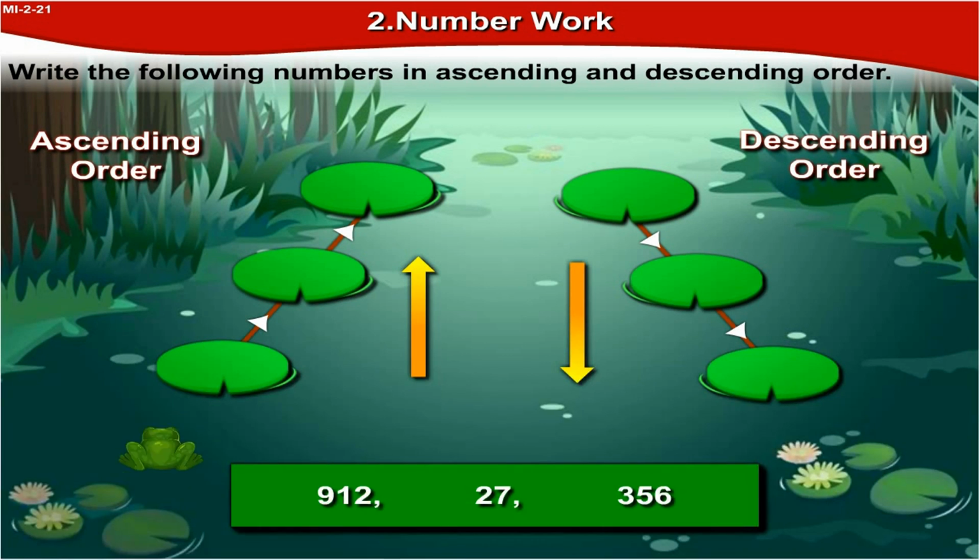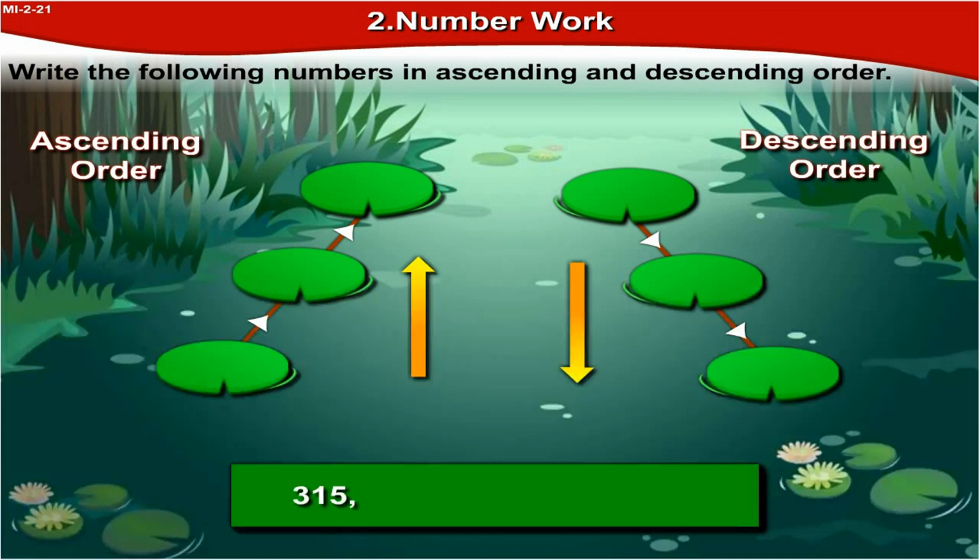So the ascending order would be 27, 356, 912. Now let us see the descending order. The biggest number is 912 and the smallest number is 27. So the descending order would be 912, 356, 27.